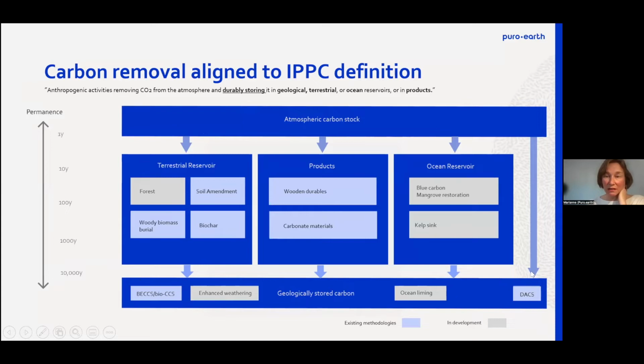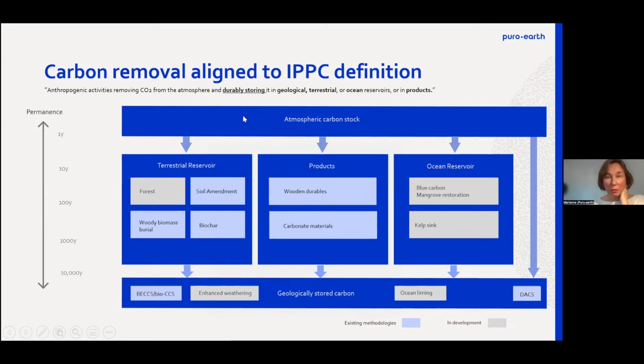BECCS and DACS are both in that version, starting from the atmosphere directly from air to a geological storage, or through biomass in either gas form or liquid form, like some companies inject the carbon-containing liquid. This is our map of how we think of carbon removal.